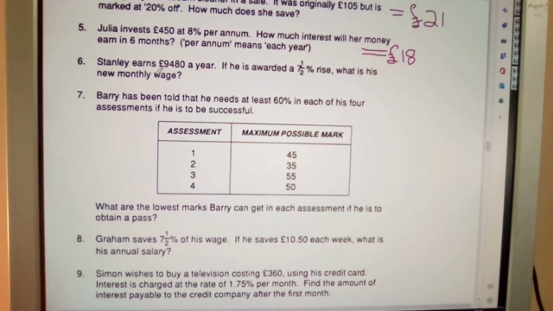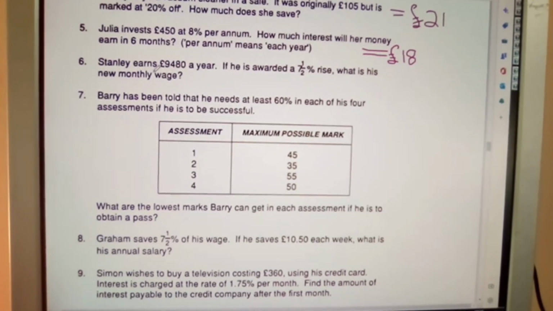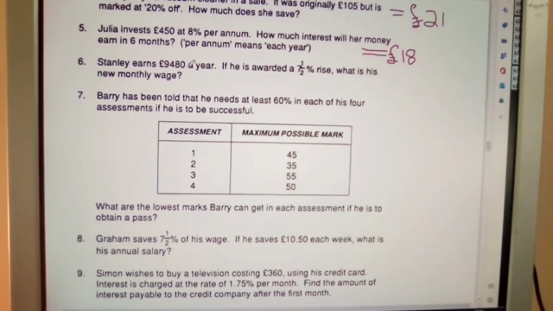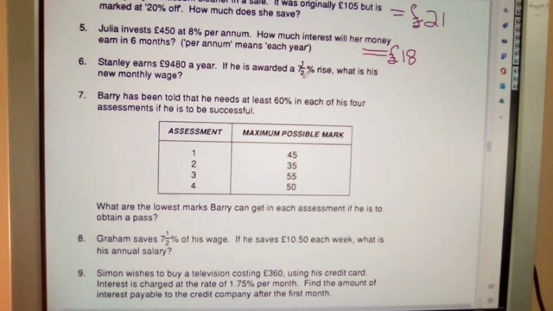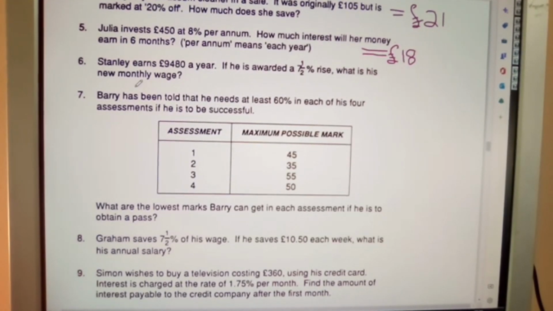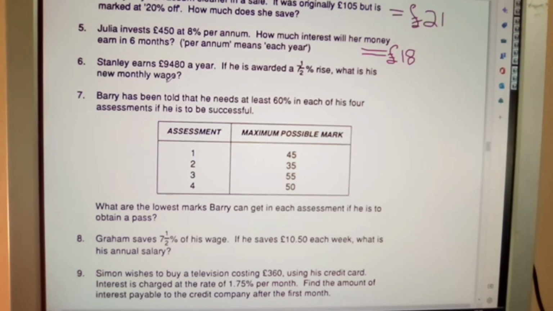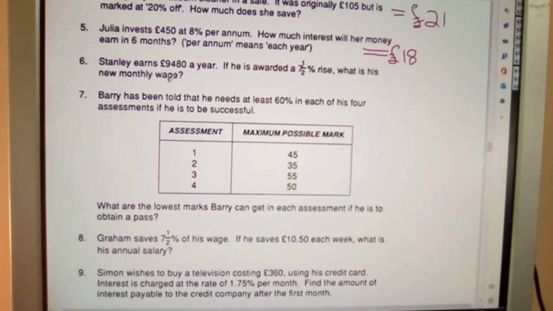Stanley earns £9,480 a year. If he is awarded a 7.5% rise, what is his new monthly wage? Now that is interesting.